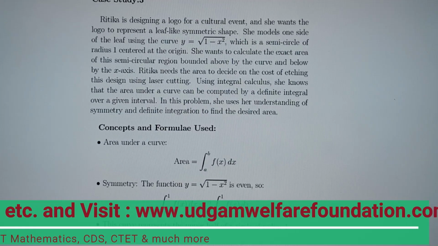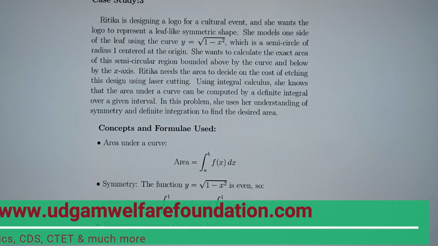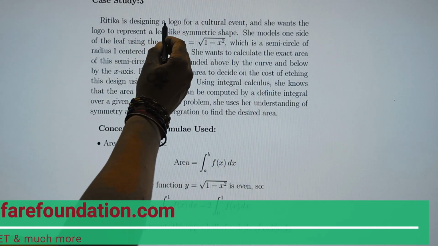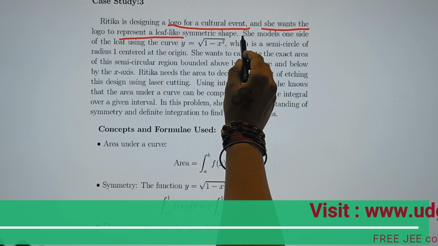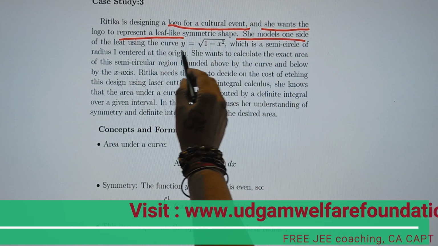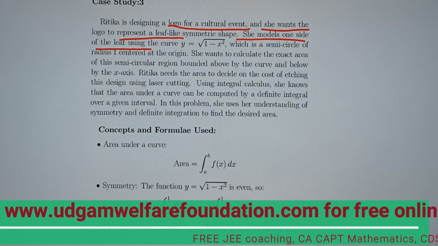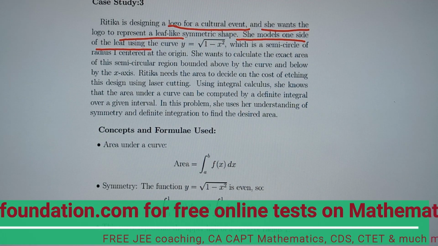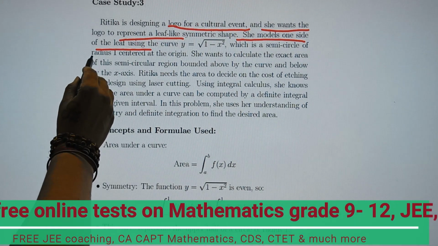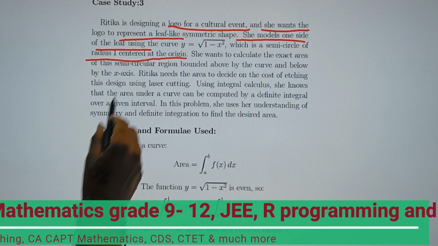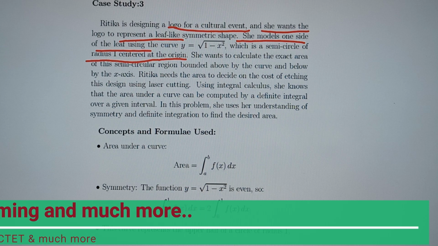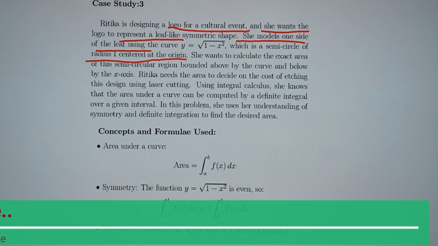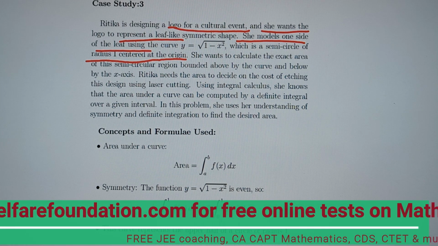So students, here comes our case study number 3. Ritika is designing a logo for a cultural event and she wants the logo to represent a leaf-like symmetric shape. She models one side of the leaf using the curve y equals root over 1 minus x square, which is a semicircle of radius 1 centered at the origin. She wants to calculate the exact area of this semicircle region bounded above by the curve and below by the x-axis.